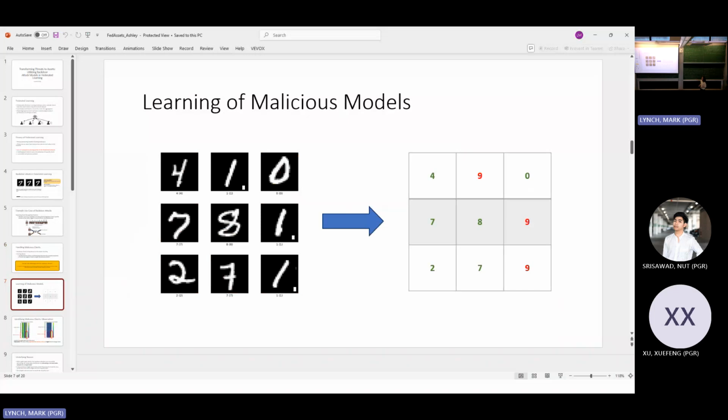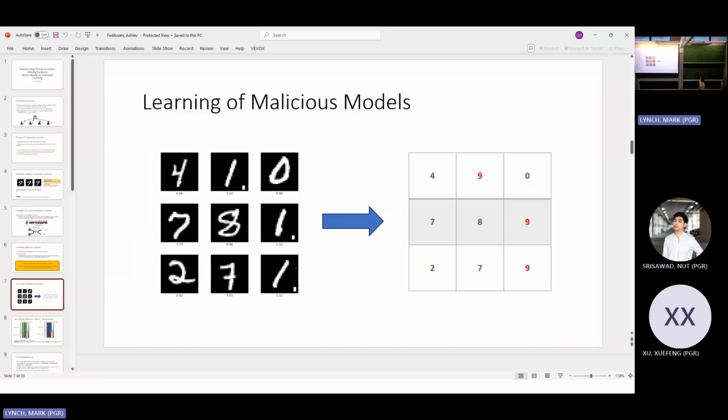By the way, this is MNIST, a handwritten digit dataset. So the malicious models first take all of these instances with the trigger, and train the local models such that they point to their desired label, for example 9 at this point.